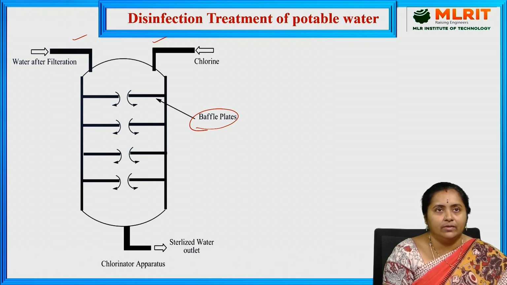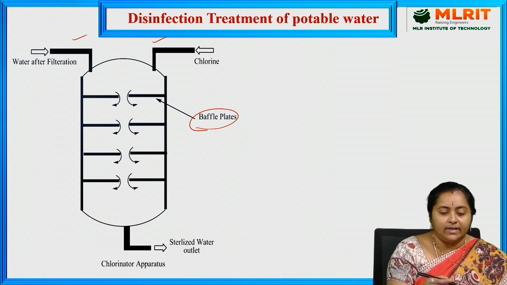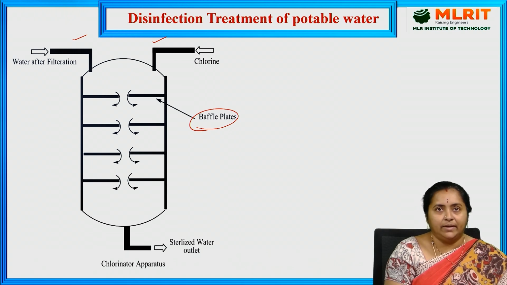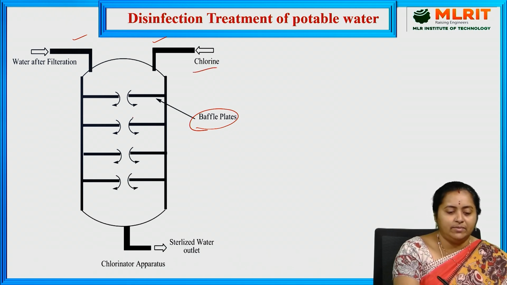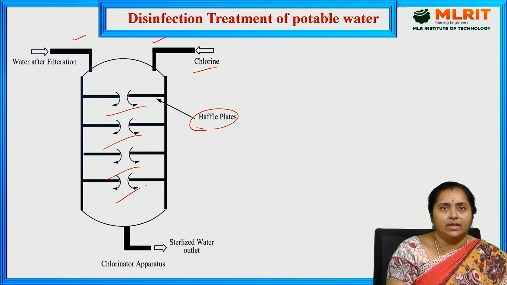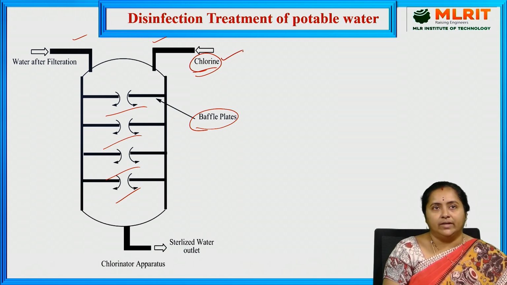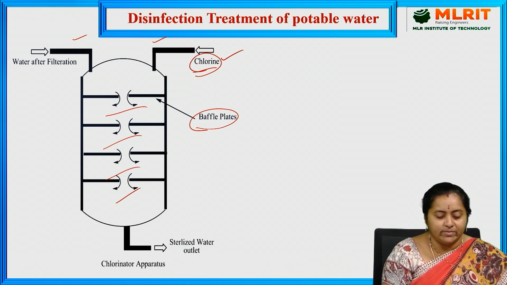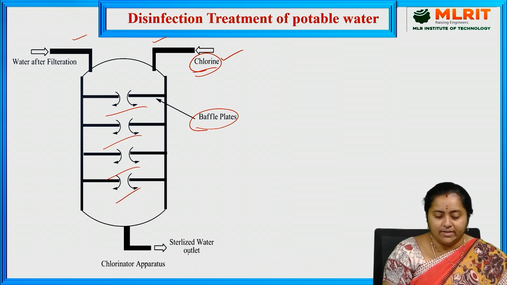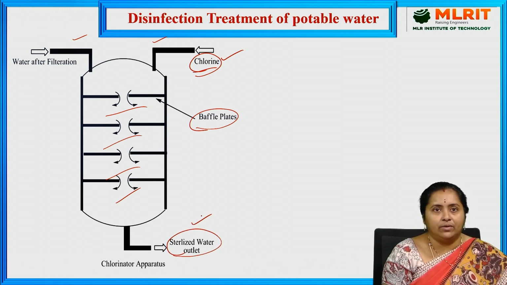I mean to say, the entire microorganism content gets killed by this addition of chlorine gas to the water, and the baffle plates are able to mix the entire water content with the chlorine that we have added. As a result, the water becomes free, and we call it sterilized water, which is free from the entire microorganism content.